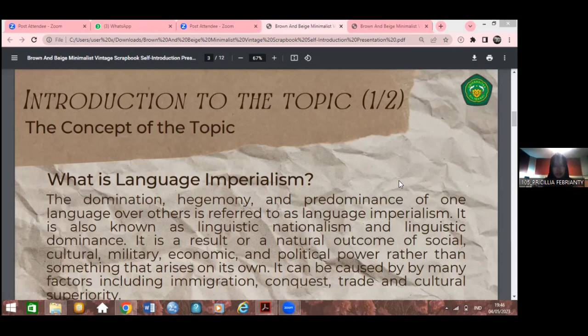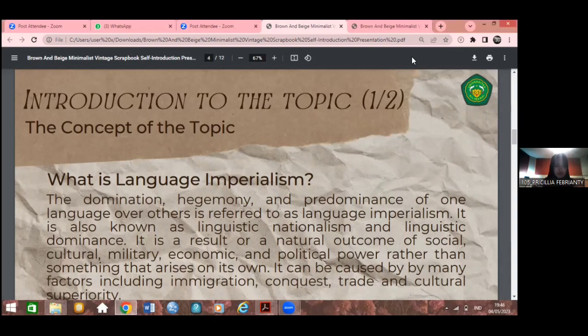In more simplified words, language imperialism can be defined as a phenomenon where a language dominates the other language. So that's the concept of language imperialism. We're going to move to the next point, about authentic examples.